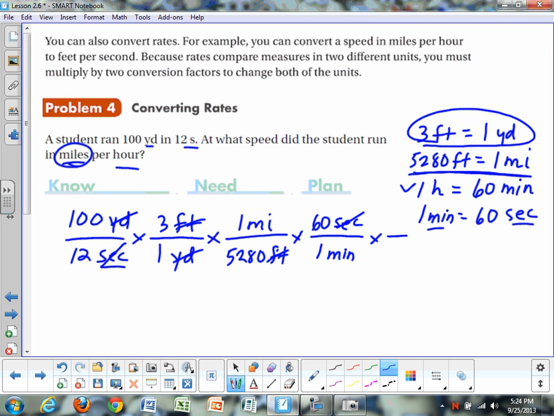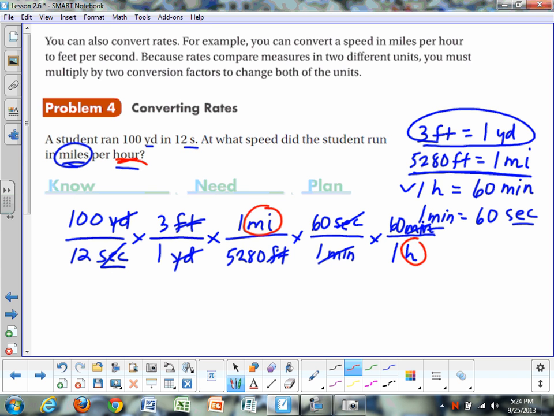And I want my minutes to cancel, so I'm going to put 60 minutes on top and 1 hour on the bottom. Now I just have a bunch of fractions to multiply together, so I'm just going to multiply. Don't forget to cancel the minutes. Notice after all that canceling, the things I haven't canceled are what my goal was, miles per hour.